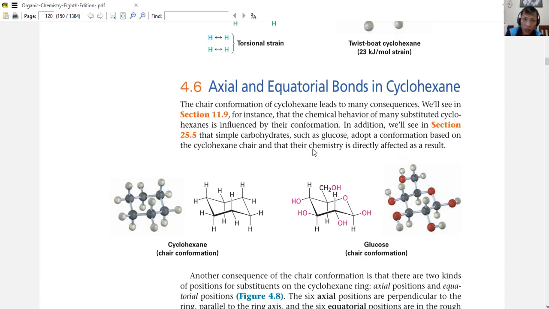In addition, we see that simple carbohydrates such as glucose adopt a chair conformation. So most of your sugars actually have this conformation because stable sugars are common with six-membered rings. You have the glucose and the fructose. Of course, the fructose is the sugar from your fruits, and most of your fruits actually contain that fructose, even honey.